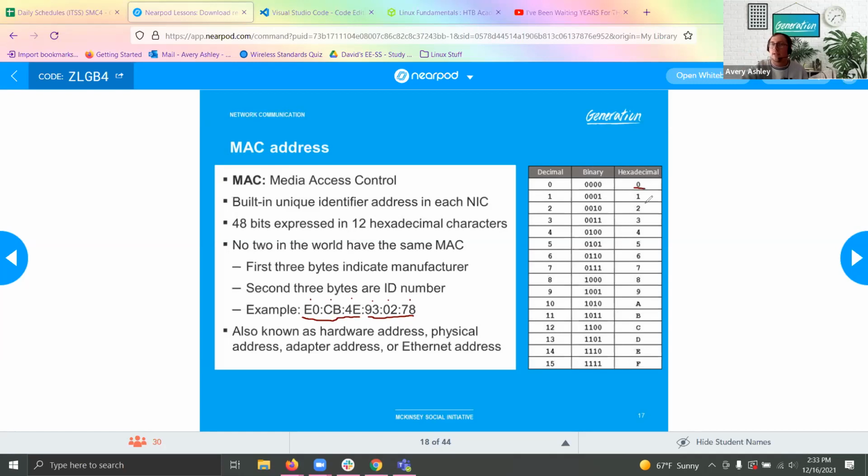So hexadecimal goes from 0 to F. The largest it can be is F. So if you see any letter above the letter F, it's not valid. I doubt they would throw in a negative number, but if they show you anything less than 0, that won't be right. And the largest number you'll see is 9. You will definitely get a question on it.